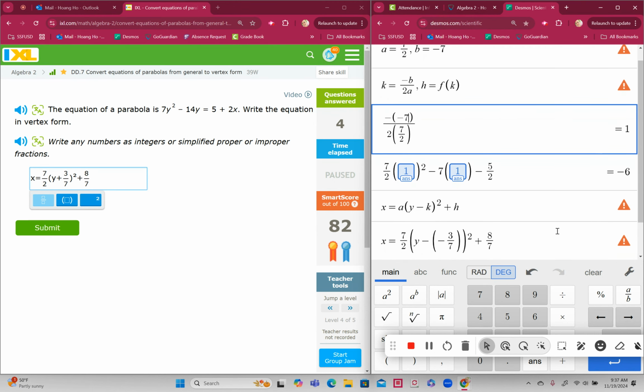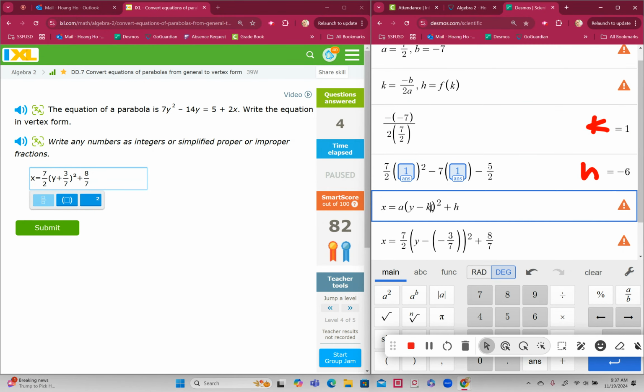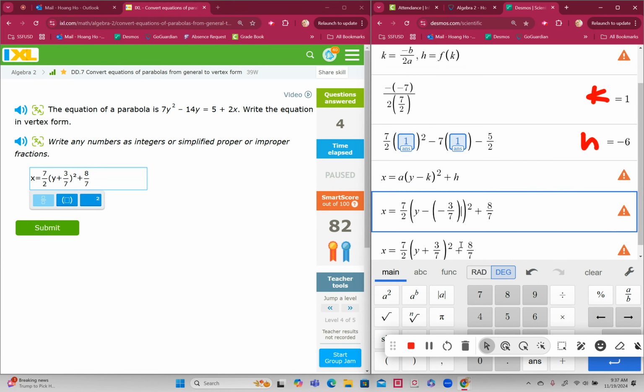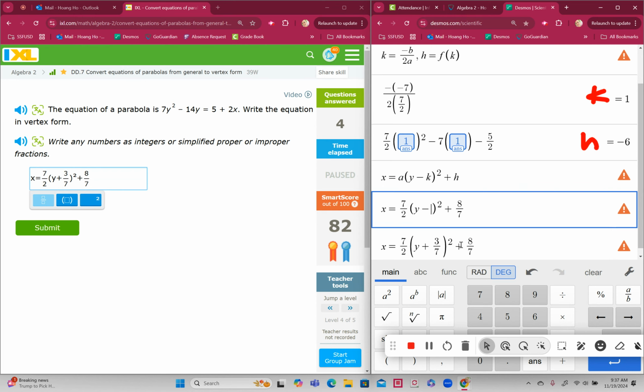So this is the k, this is the h. The k comes out as number 1, so I put number 1 here. And then the h comes out negative 6.